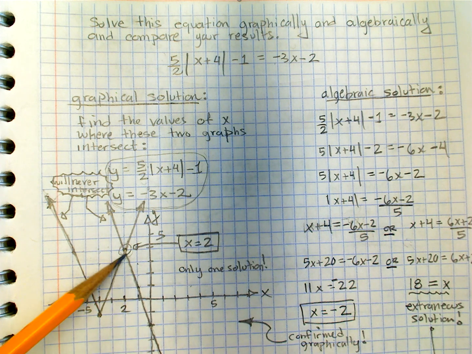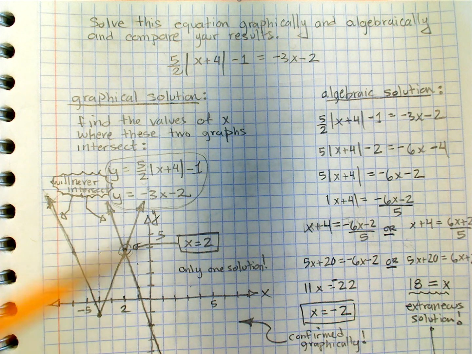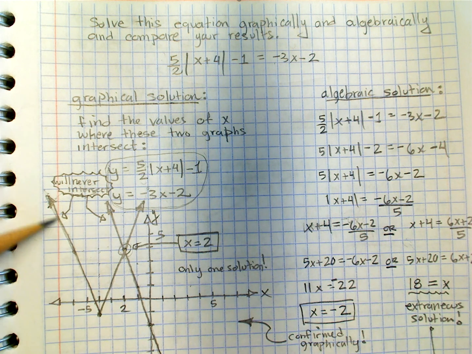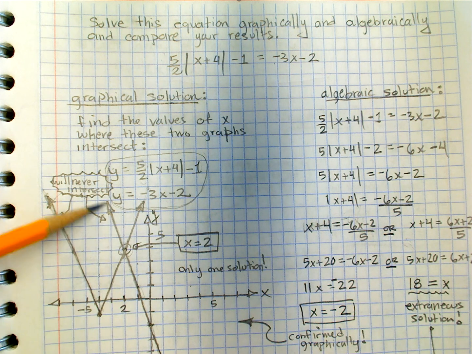And to help us think about whether or not there are any other solutions: sometimes absolute value equations, of course, have two solutions. But let's think about this. The slope of this line is -5/2, which is like -2.5. And the slope of this line is -3.